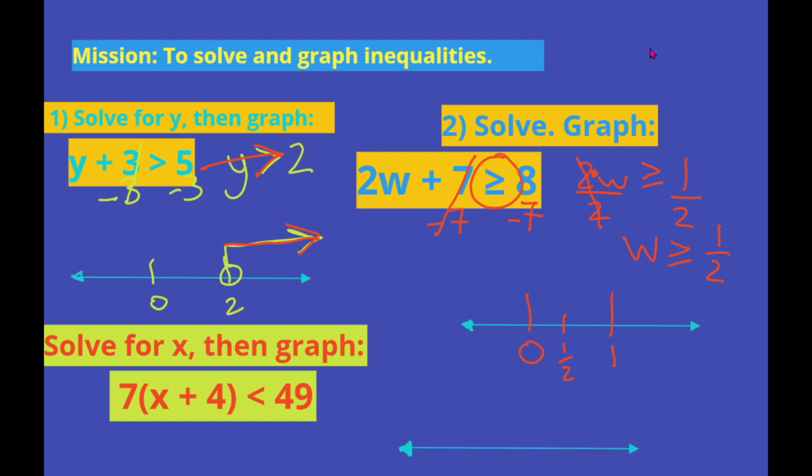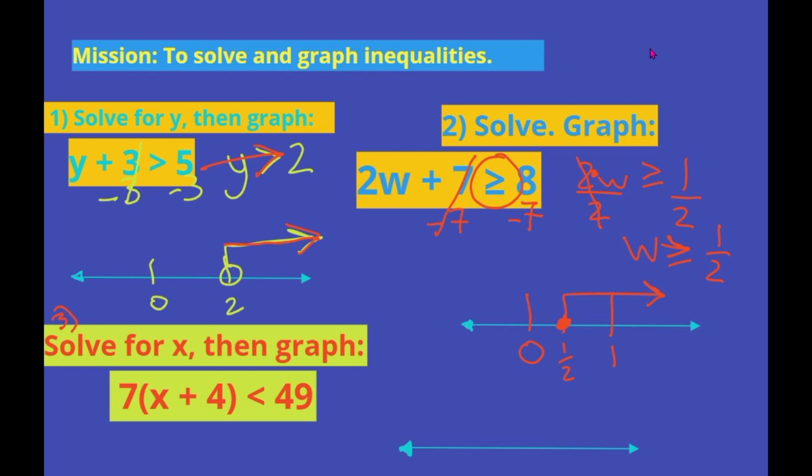W is greater than or equal to, because I had that equal sign, I get to put a point and fill it in. It's greater than or equal to, and greater than goes towards larger numbers. Like I said, if the variable's on the left, this is like my little arrow pointing me which way to go.